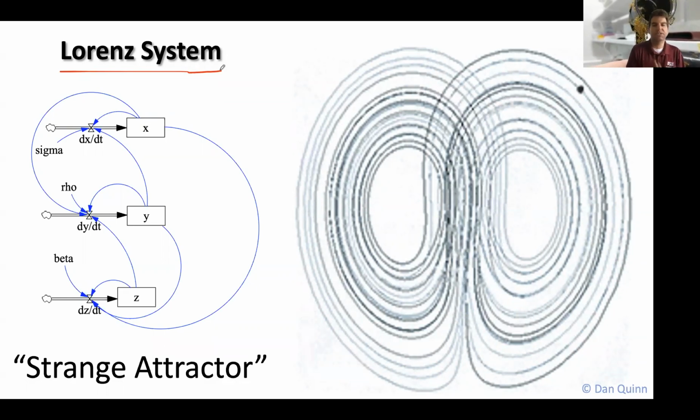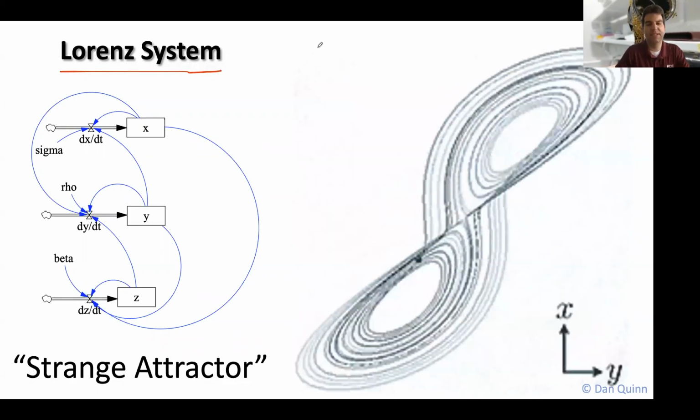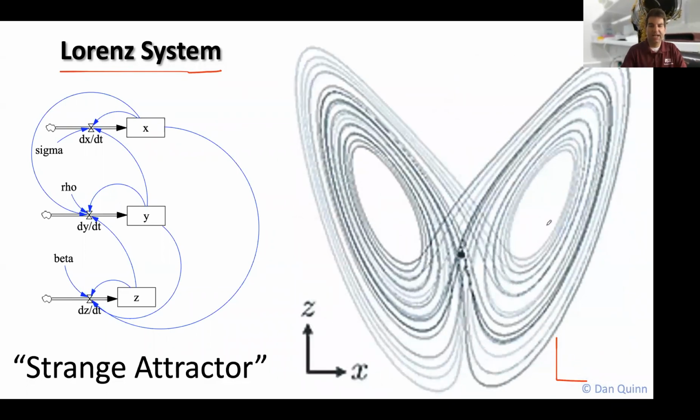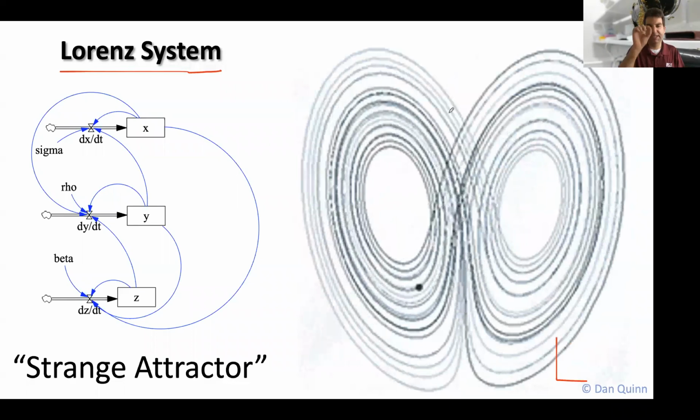So this animation on the right-hand side is that same plot. Here's X and Y, and it hopefully looks familiar from the plot on the previous slide. We're taking that X, Y, and Z, and that little dot is a time point.